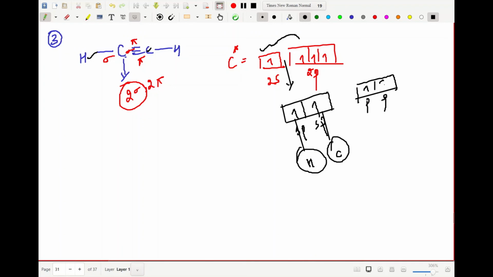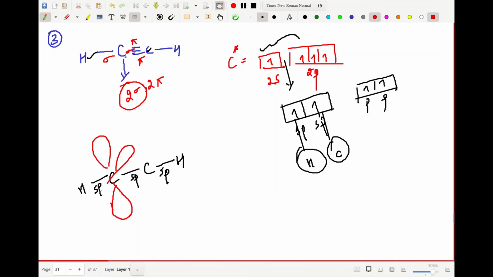Now these 2 unhybridized p orbitals are going to be used for the formation of the pi bonds, because pi bonds cannot be formed by hybridized orbitals. So the carbon-carbon single bond and the bonds with hydrogen are my sp hybridized orbitals. Now on each carbon atom we have 2 p orbitals left, which are pure, which are not hybridized, like this.